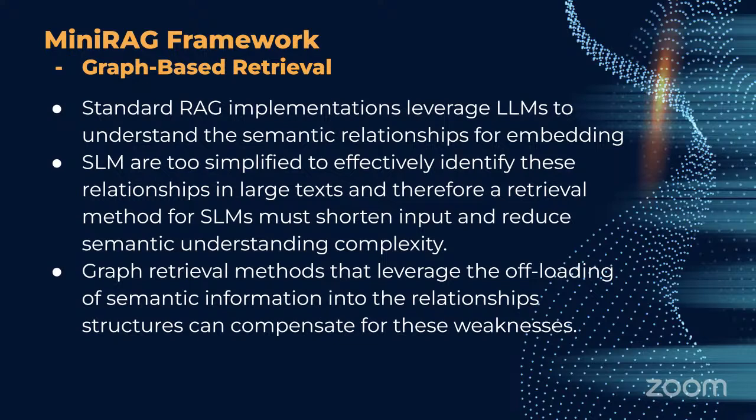And these are much simpler problems ultimately for SLMs to understand because they are essentially able to identify, say, the shortest path between two nodes in a normal relationship, or different connectivity type metrics, things like that.